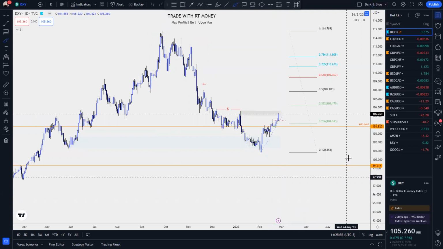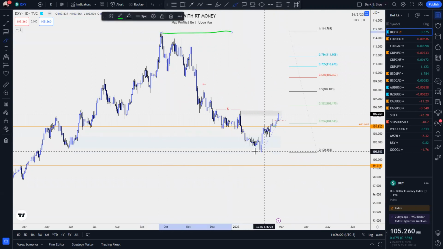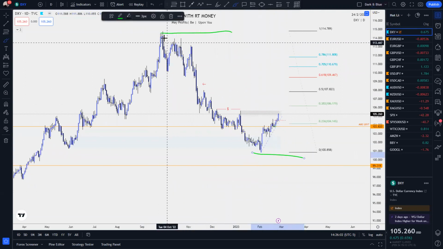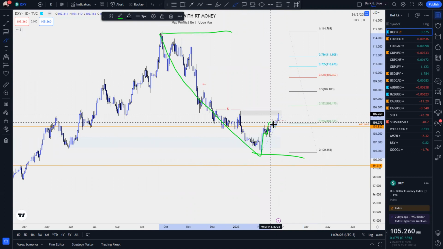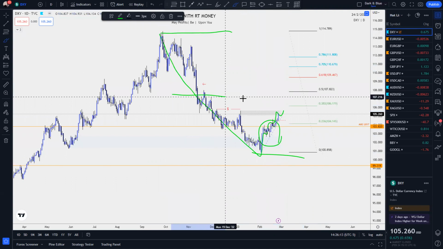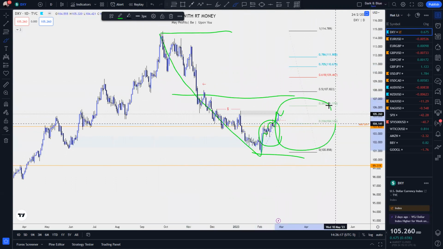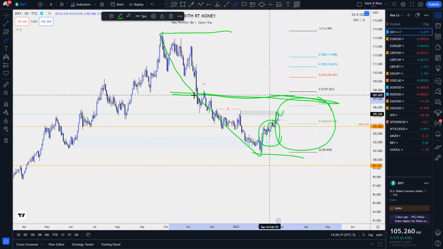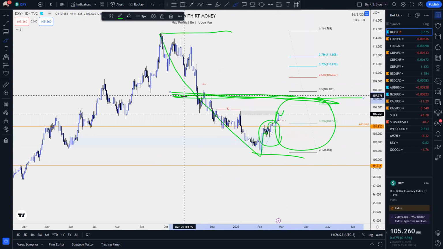What I want you to see is that from this swing high to this swing low is our higher time frame trading range. Price is now pulling into discount. The discount area is 50%, half the trading distance on the lower side.